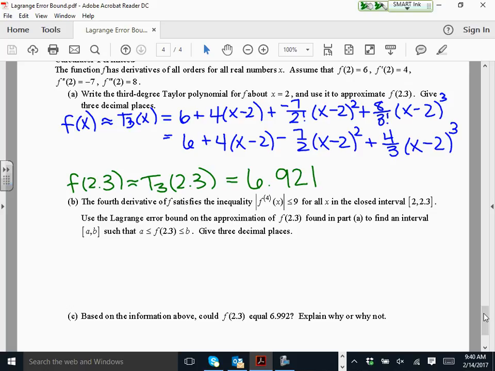So, our remainder for 2.3, okay, so we use a third degree polynomial, which means our remainder is going to use which derivative? The fourth derivative over 4 factorial. What goes here to the fourth power?